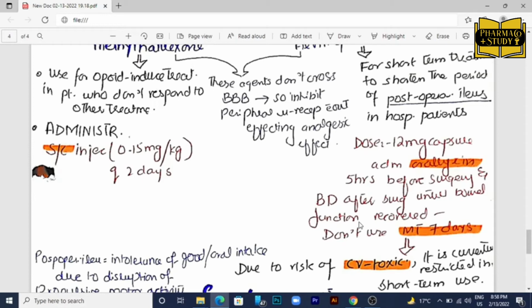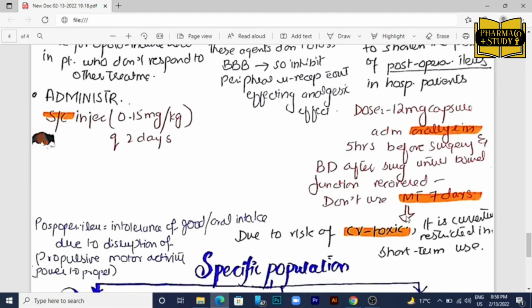Firstly, you will give this capsule of 12 milligram 5 hours before surgery, and after surgery you will give it twice daily until the bowel function recovered. Do not use for more than 7 days. It should not be given for more than 7 days.